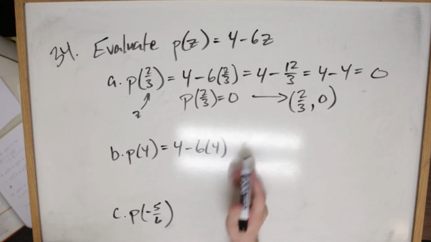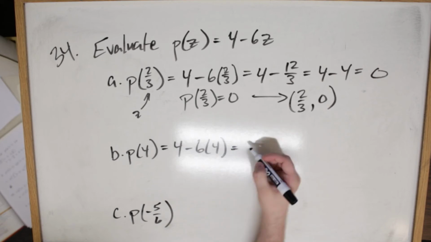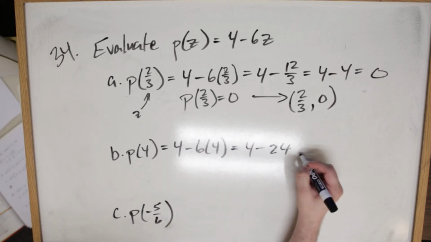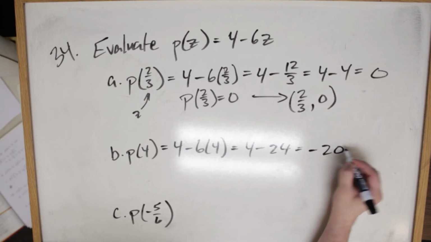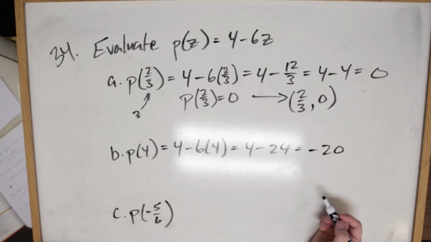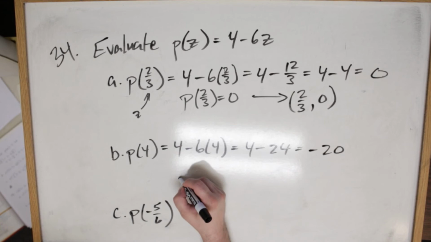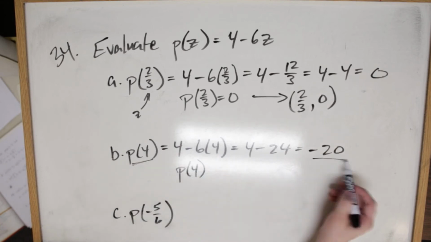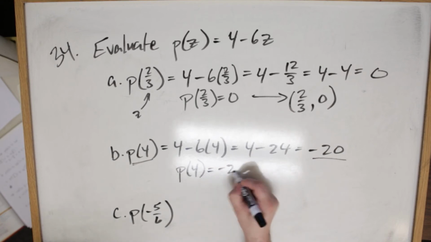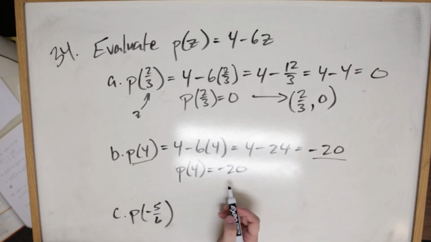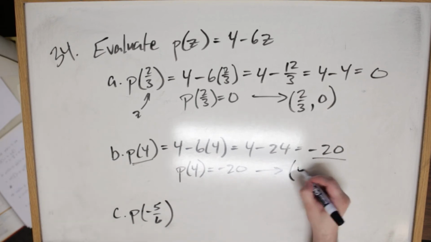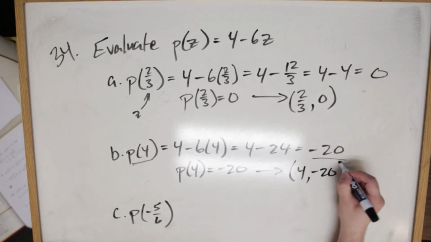So this means that I've got 4 minus 6 times 4, which is going to be 24, which is a minus 20. So the point, I'm going to combine the front and the back so you can see what it looks like: 4, minus 20.